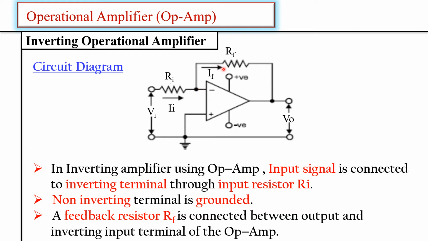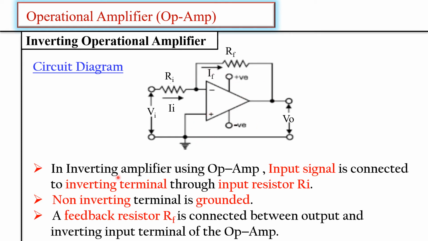Whenever the op-amp is used in this configuration, it is called the inverting operational amplifier or inverting op-amp configuration. Now let us find out the relation between the output and the input voltage, and see how we can control the gain of the op-amp by using this feedback resistance Rf and input resistance Ri.